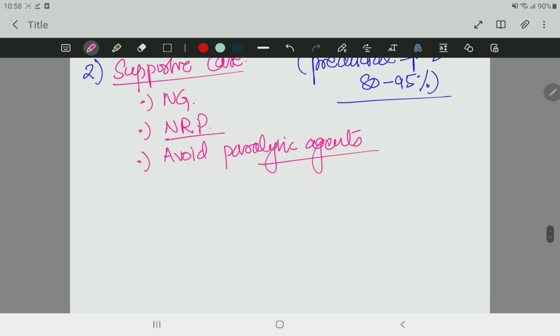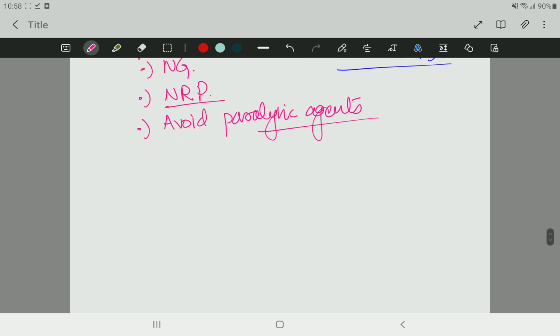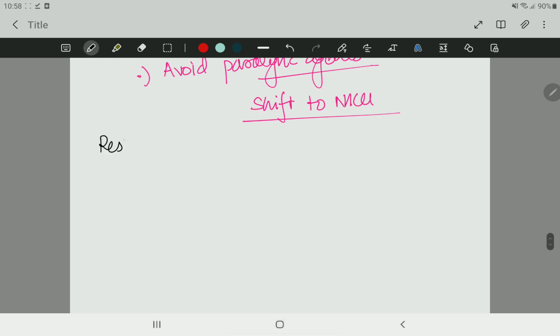Basically, avoid anything which is causing stress, including light and sound. Then shift the baby to NICU.